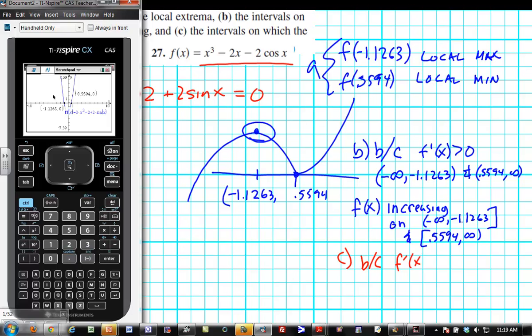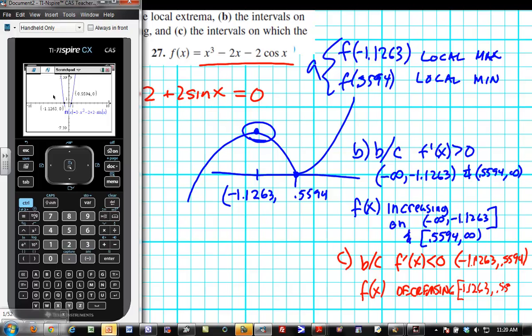Because f prime of x is less than 0 on negative 1.1263 to 0.5594, f of x is decreasing on, almost made the mistake, on closed negative 1.1263 to 0.5594 closed.